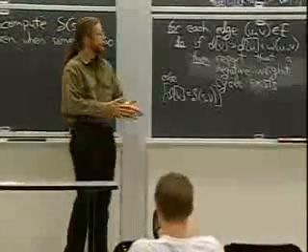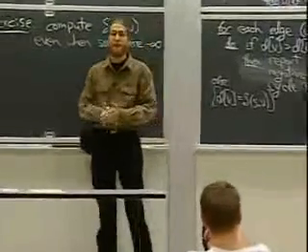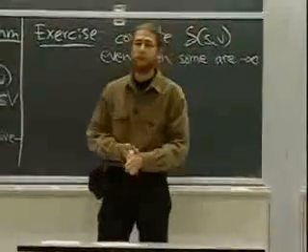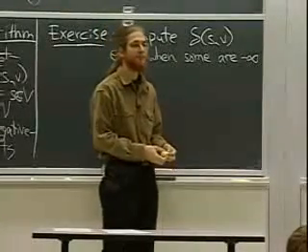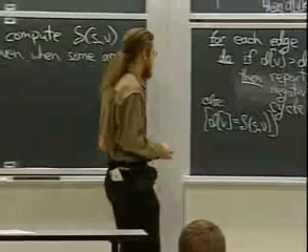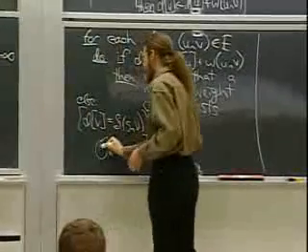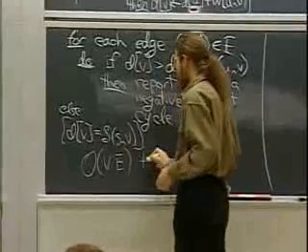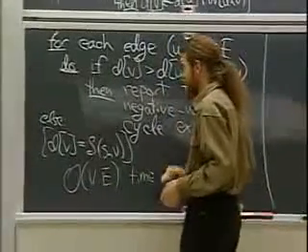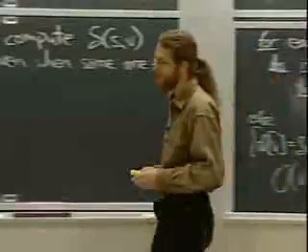What is the running time of this algorithm? V times E, exactly. I'm going to assume, because it's pretty reasonable, that V and E are both positive.